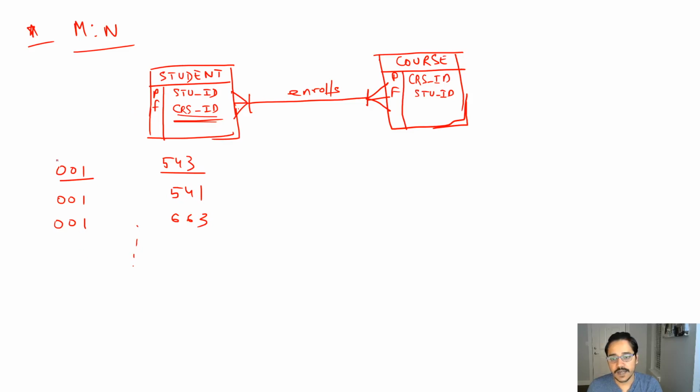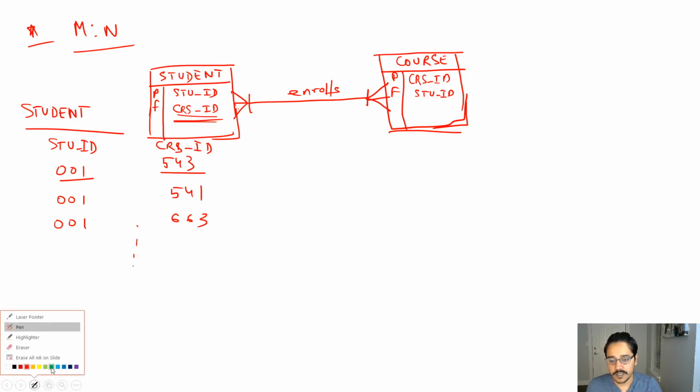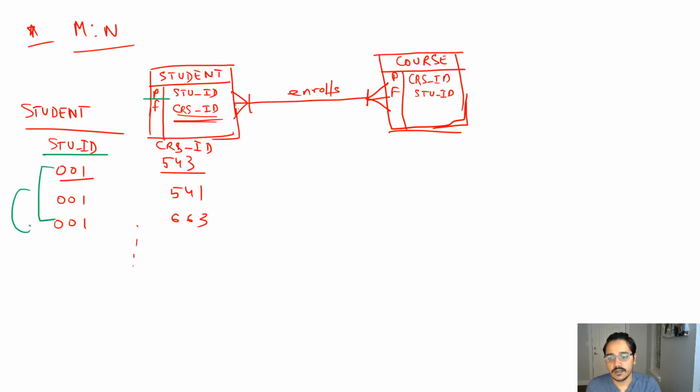Now note that this is your student ID and this is your course ID, but this is present in the student table. And the same situation will also happen in the course table. What is noteworthy here is that this was our primary key, and the primary key is no longer unique.